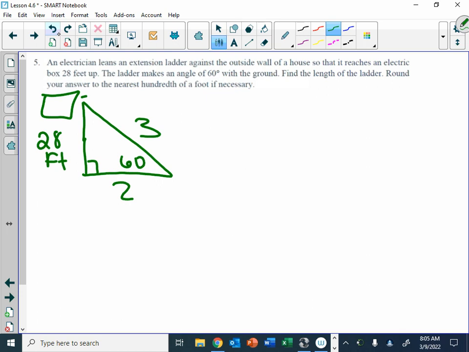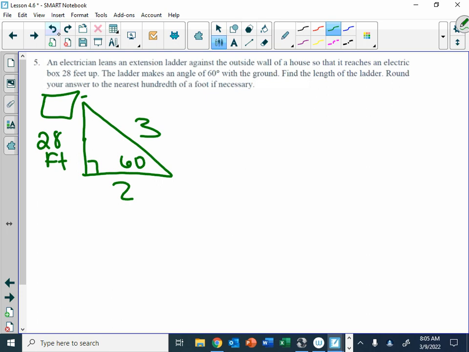Anyway. Find the length of the ladder. So what is that going to be, 2 or 3? Where's the ladder? Is the ladder leaning against the wall or is it on the ground? Leaning against the wall.